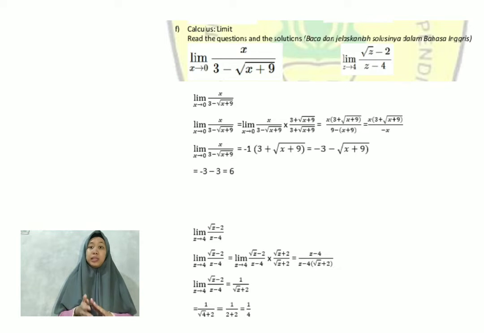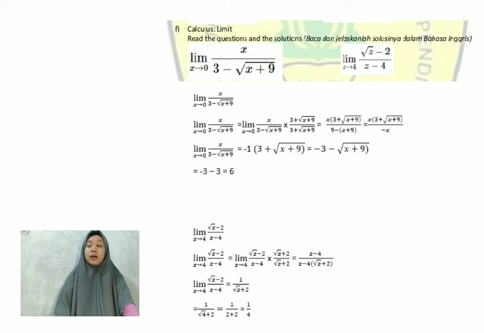The second question about limits is the limit of the root of z minus 2 over z minus 4 as z approaches 4 equals the limit of the root of z minus 2 over z minus 4 as z approaches 4 times the root of z plus 2 over the root of z plus 2 equals (z minus 4) over (z minus 4) times (the root of z plus 2) equals 1 over the root of z plus 2.